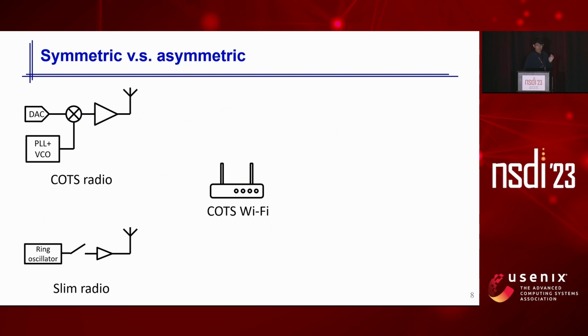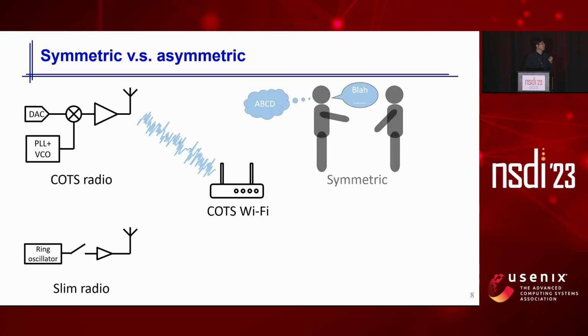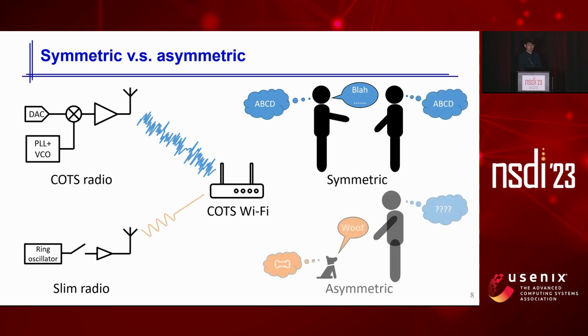Let me give an analogy for better understanding. Communication between commercial off-the-shelf devices is similar to a person talking to another one. The listener will immediately understand what the speaker wants to deliver. In the case of slim radio, the communication is asymmetric. It is similar to me interacting with my pet. The pet has much simpler hardware than we have and cannot speak the same kind of language.